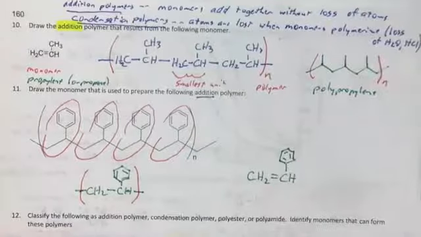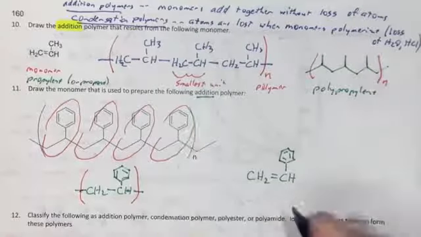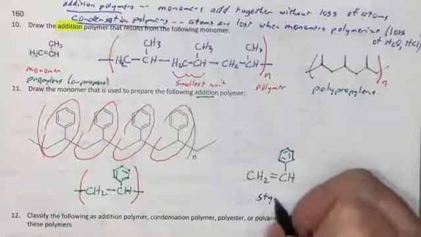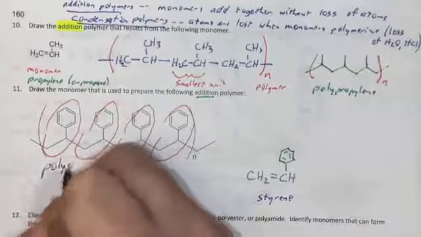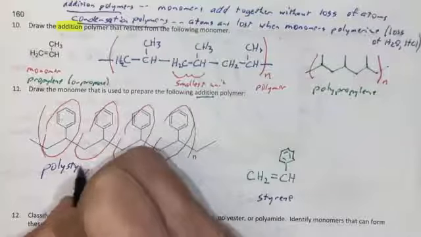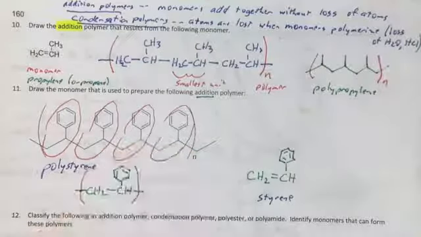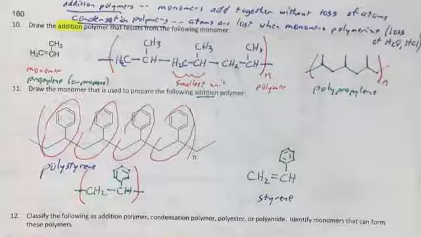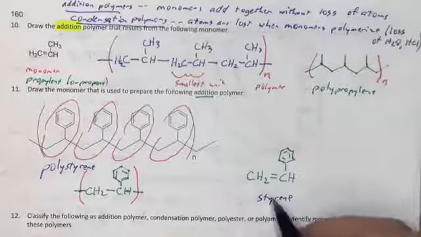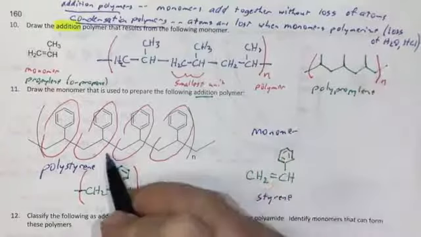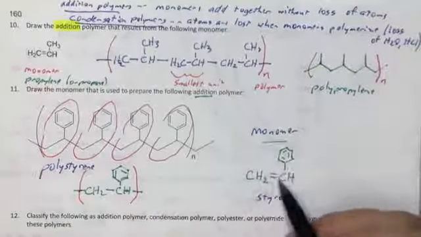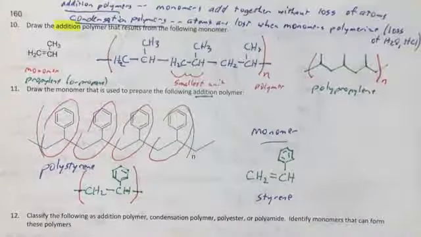Again, you don't have to know the names of these compounds, but this is the molecule styrene, and so this polymer is called polystyrene. Polystyrene is the type of polymer present in a styrofoam cup. So the key is that each carbon must have 4 bonds. This is the monomer. If this is the polymer, this is the single unit, and each carbon has 4 bonds.